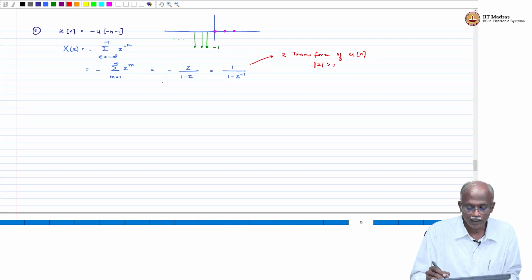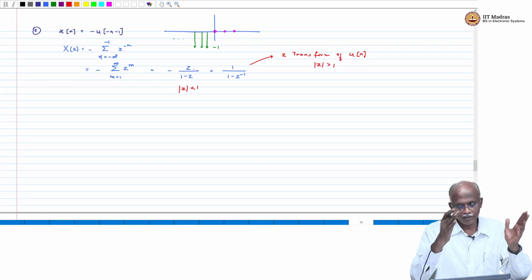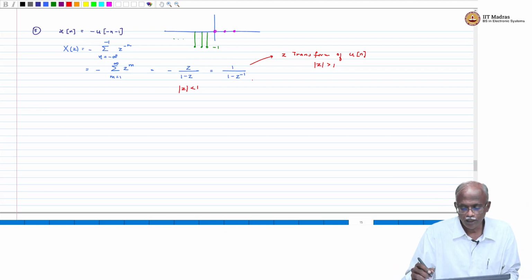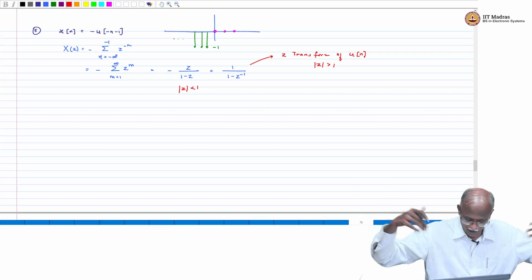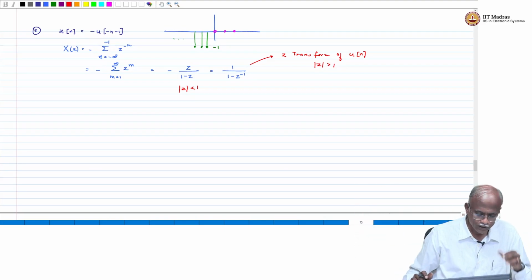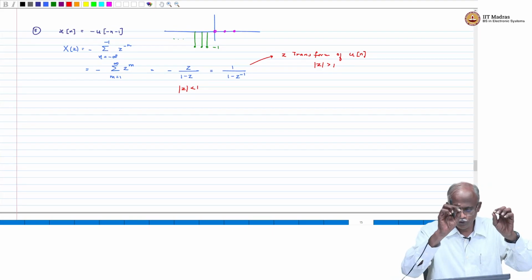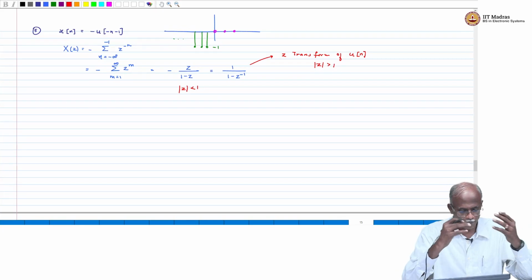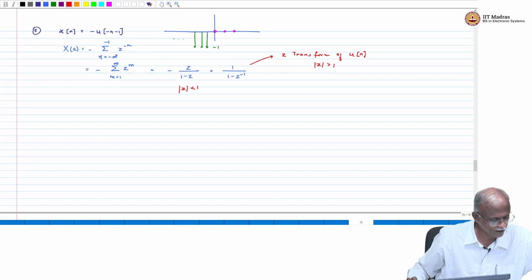Okay, so in this case the condition is mod z less than 1. That's the condition for the geometric series to converge. So basically you get a right-sided sequence for mod z greater than 1, left-sided sequence for mod z less than 1, and so again always good to sketch the sequence, write down the expression for X of z, apply the limits and get the correct expression that we have.